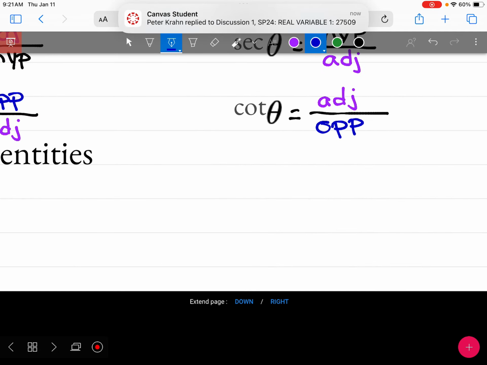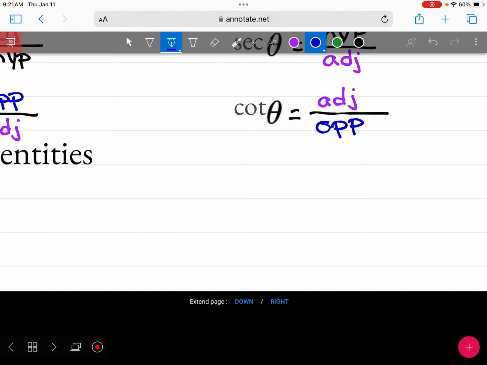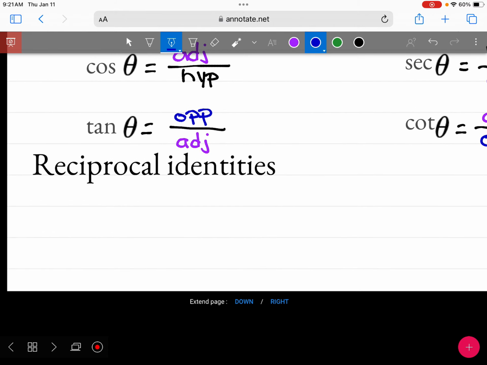All right, so what it means by reciprocal identities at the bottom is the relationships across this way. So the reciprocal of sine is cosecant. So sine of theta is 1 over cosecant theta.